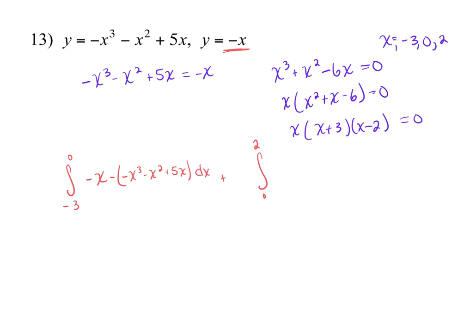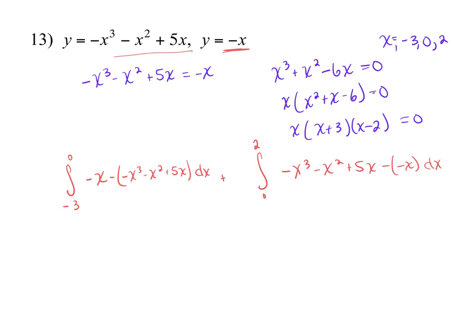All right. When I go to this one and plug in a 1, it actually switches places. So I have this group first. I have -x cubed minus x squared plus 5x minus that -x. So they're going to look exactly the same.